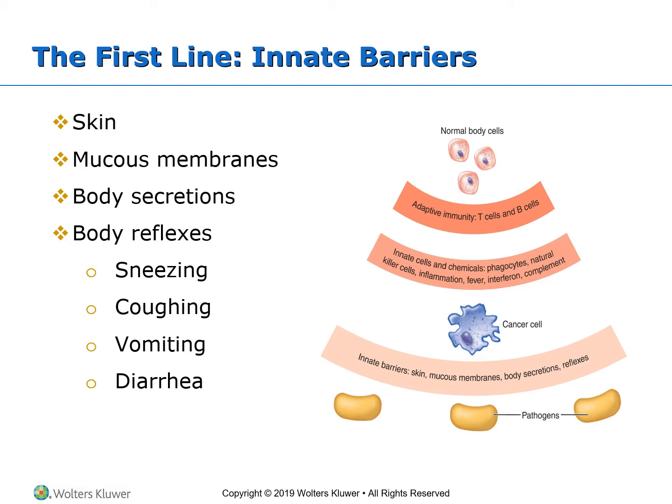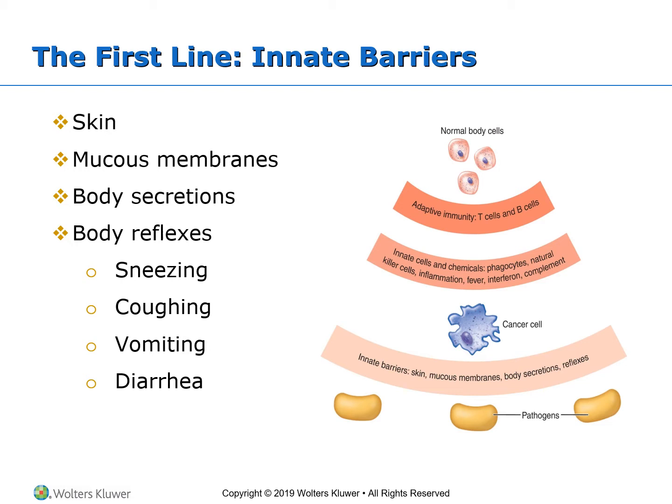Also in the first line, we have certain reflexes that are used by the body as protection in its way of removing pathogens. We put in this the sneezing and coughing that are removing all types of foreign materials, and the foreign material engulfed inside those secretions will be eliminated on the outside of the upper respiratory tract.